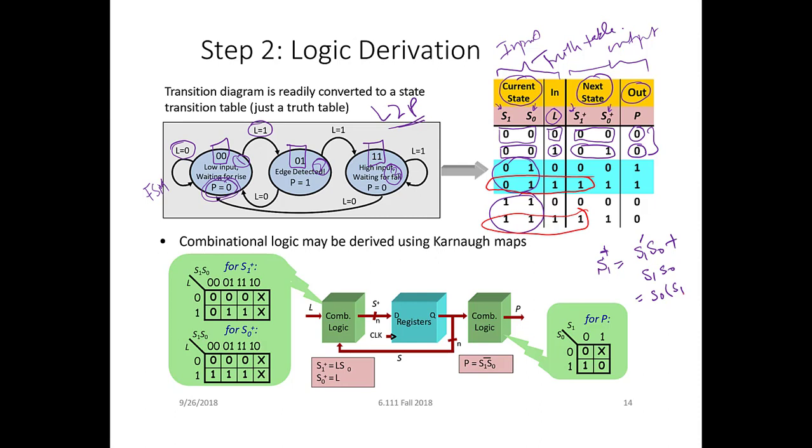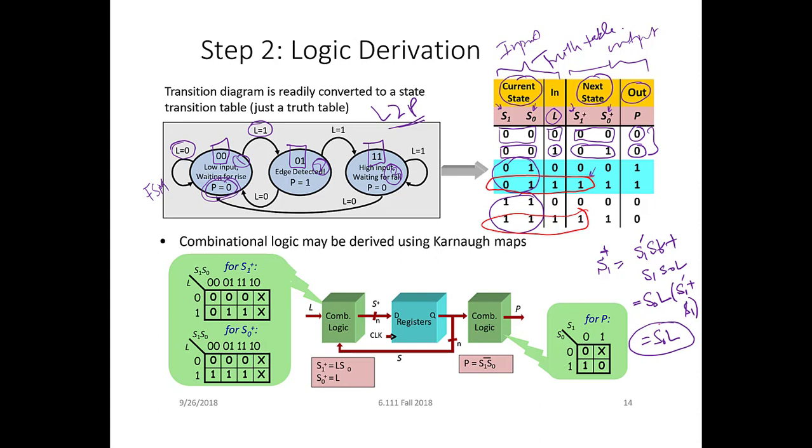There is a third term in this equation, which is L. So the first term is S1 bar S0 L, and the next one is S1 S0 L. So what you can do, we can take S0 and L common, and inside we will have S1 bar plus S1, and this is equal to S0 L, because S1 bar plus S1 is 1. So this is the equation.